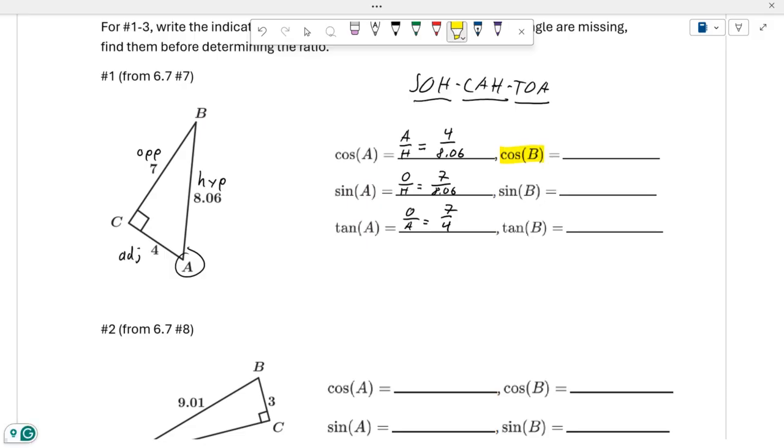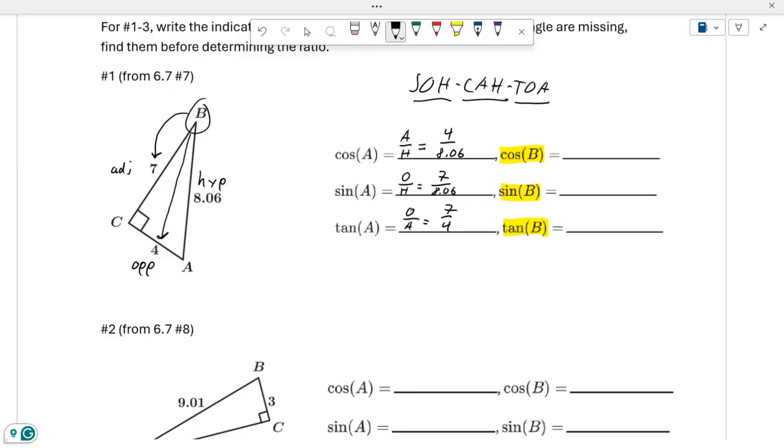Now let's look at the same thing, but for angle B. Like I said, the hypotenuse doesn't change, so 8.06 is most assuredly still my hypotenuse. But now that we're talking about angle B, opposite is the 4, because that's the leg that is opposite angle B, and the leg that is adjacent is the 7.